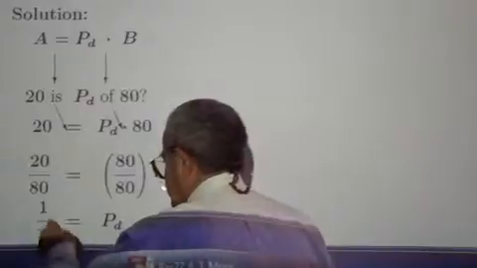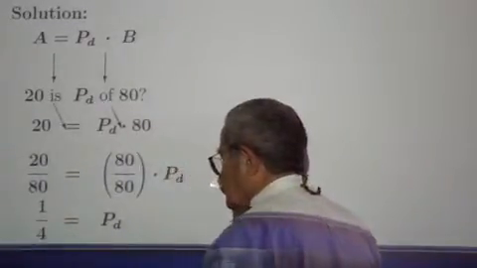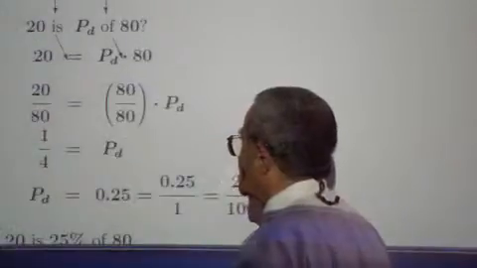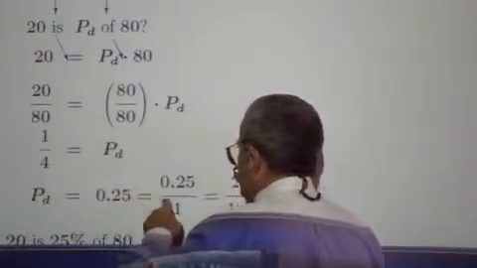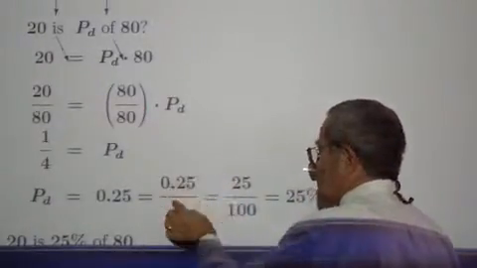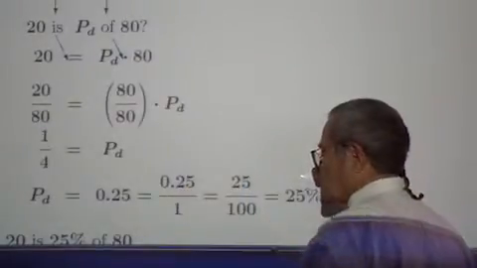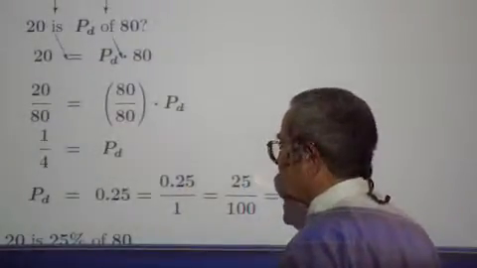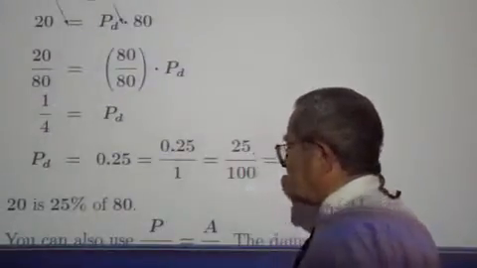You could multiply by 25 over 25, that gives you 25 over 100, 25%. Or you can divide 4 into 1, you get 0.25. Multiply 0.25 by 100%. You don't need to do this, just multiply by 100%. You get 25%. So 20 is 25% of 80.